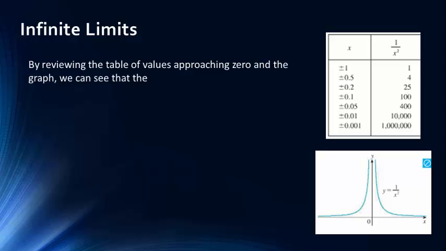This is when, as x approaches a specific value, the function actually branches off to infinity. As you can see from the graph at the bottom here, as we're approaching 0, the y value, or the functional value, is heading to infinity.